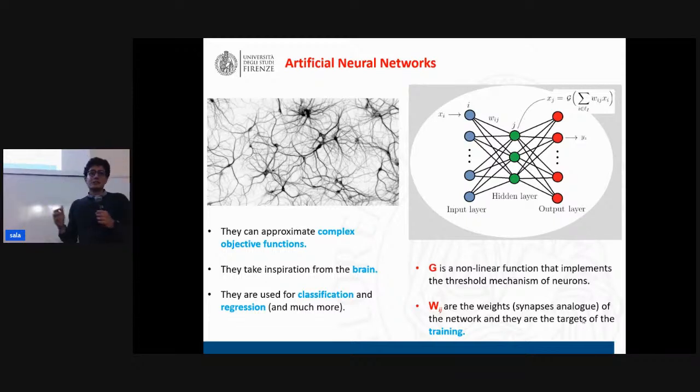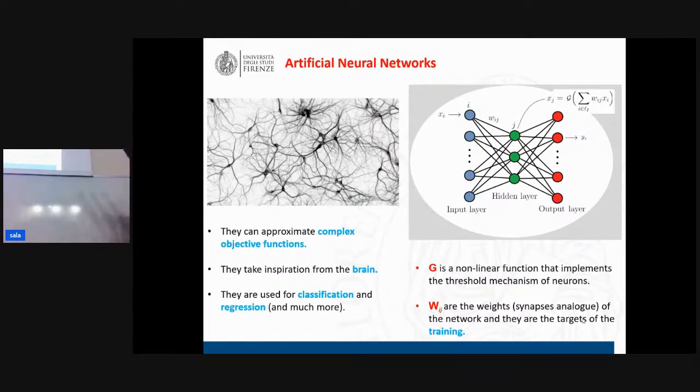So what is a neural network? It's basically a mathematical function, if you want. A neural network is an object that can approximate complex objective functions, so complex mathematical functions. It takes inspiration from the brain in the sense that each neuron communicates with neighboring neurons via these synapses that have a certain weight. I will explain mathematically in a moment what having a weight means in that context.